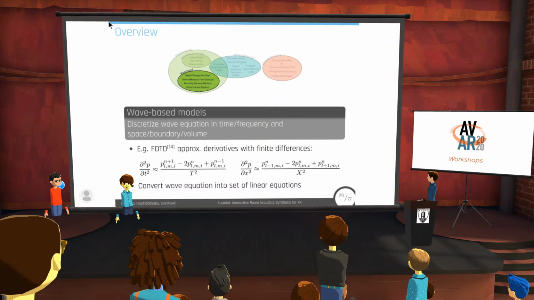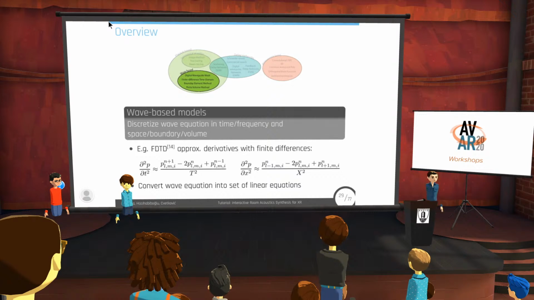So I just want to give you an idea of the different classes of models that are available. One important class is the so-called wave-based models, and here we take the wave equation that we saw earlier, and we actually try to solve it on a computer. This involves some form of discretization of the wave equation, and that means either representing the sound field in the time domain or frequency domain and discretizing it in one of those two domains, and also discretizing space, which means typically either discretizing the boundary, in which case we talk about the boundary element method, or the volume.